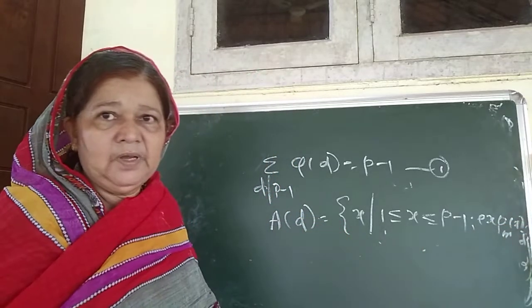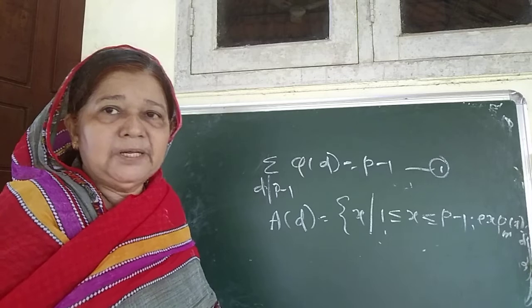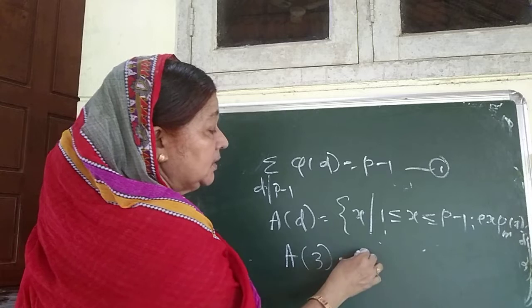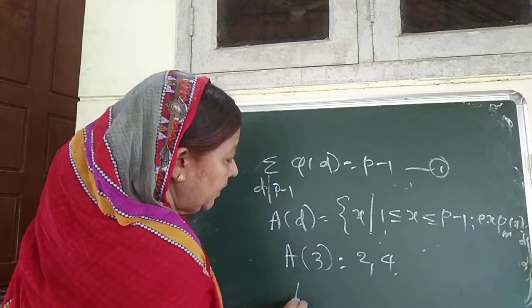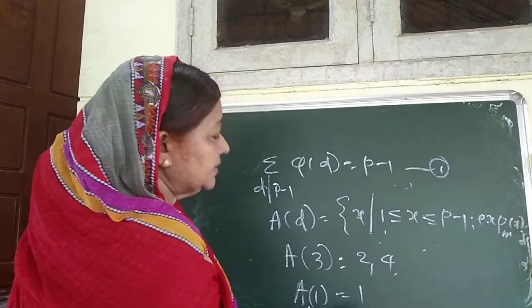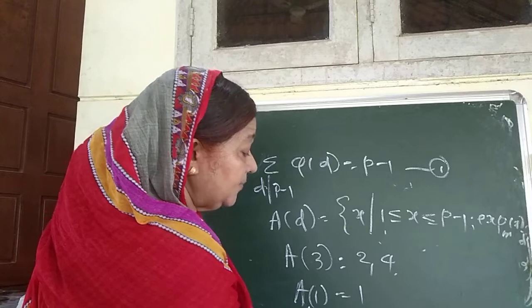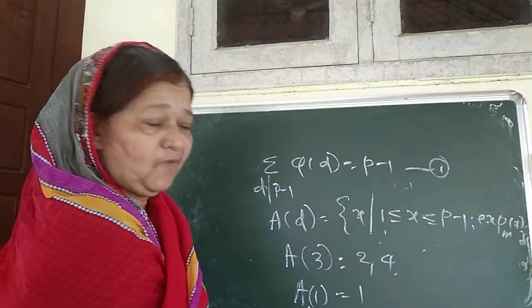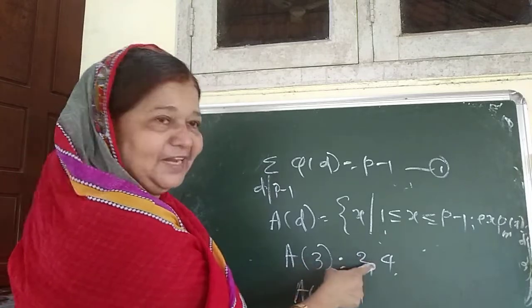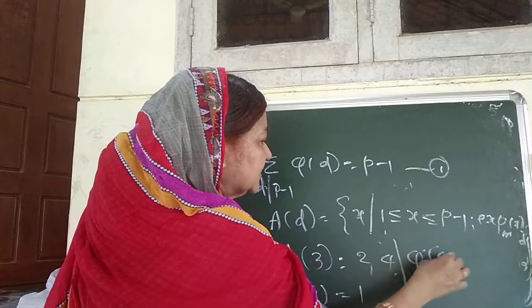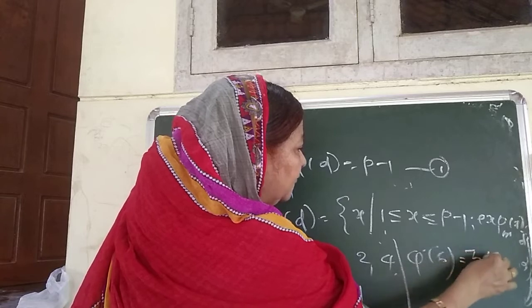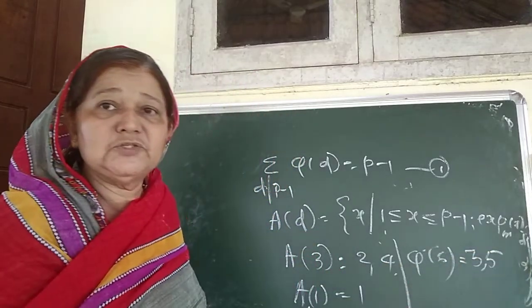We have already seen for p equal to 7, A_3 contains 2 elements, 2 and 4. A_1 contains only 1 element. A_2 is another divisor, and A_2 contains only 1 element, 6, since 6 squared equals 1. That is, phi of 2 equals 1. Phi of 1 is 1. Phi of 3 is 2. Also, what is phi of 6? For exponent 6, you see that there are only 2 elements, 3 and 5. That is, phi of 6 is also 2.